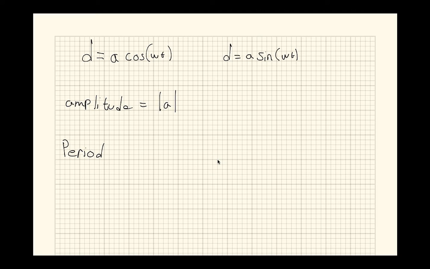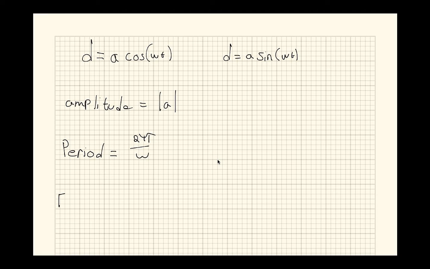Like from 0 to 2 pi was typically the period for a regular sine wave. So we're asking what is that distance. But now that the axis is going to be representing time, we're saying exactly how long in time it takes for the wave to complete itself. So the period, if you remember, is 2 pi over w.